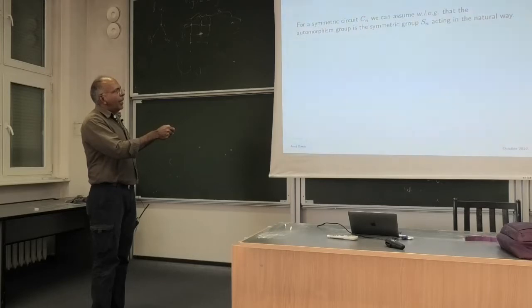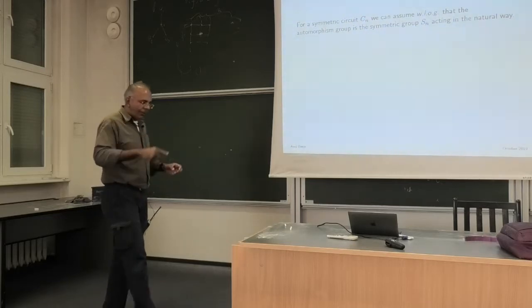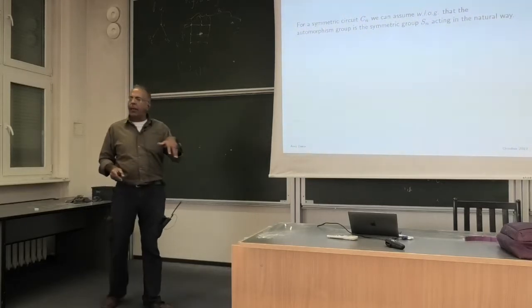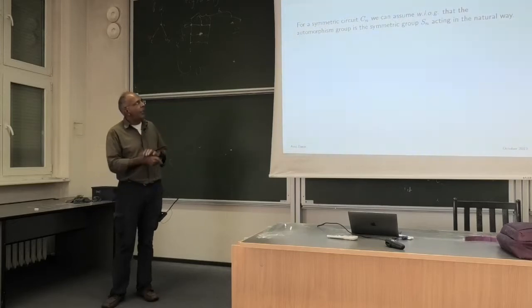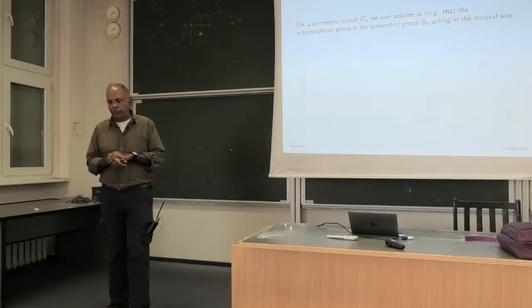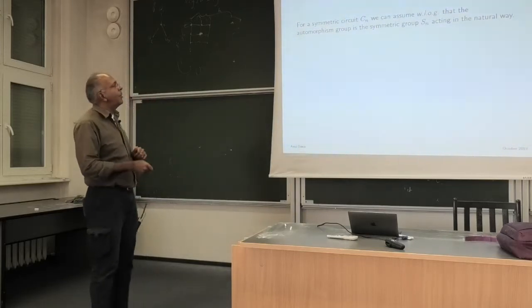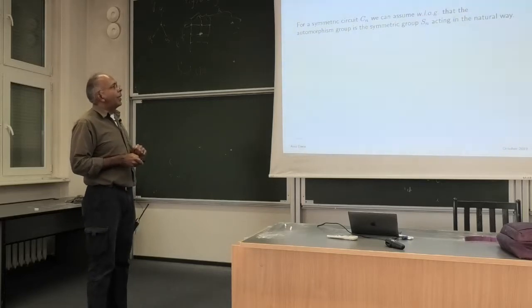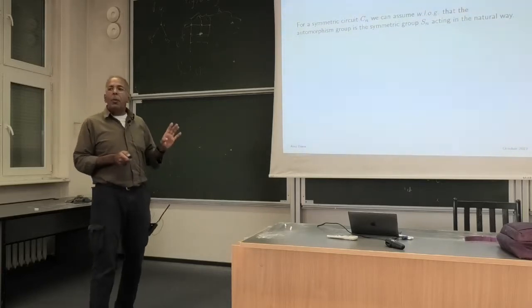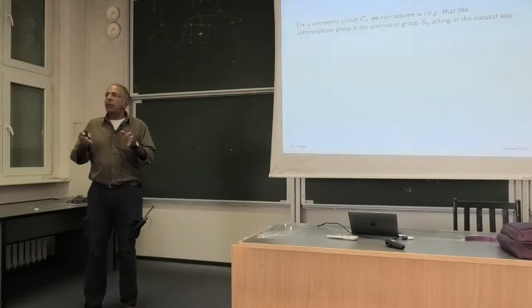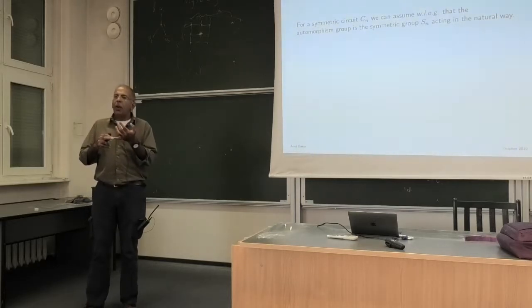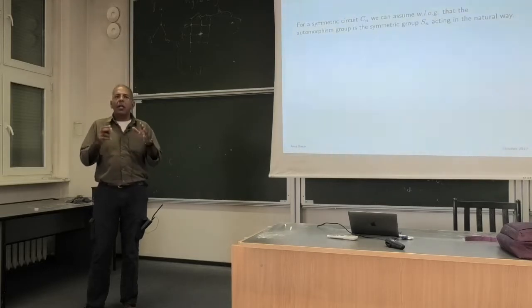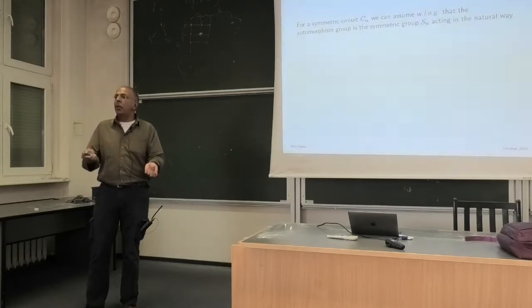Now our symmetric circuit has the property that the action of Sn extends to an automorphism of the circuit. In fact, I'm going to make a stronger assumption that these are all and only the automorphisms of the circuit. In other words, all of these are in fact non-trivial automorphisms of the circuit, and there are no others.